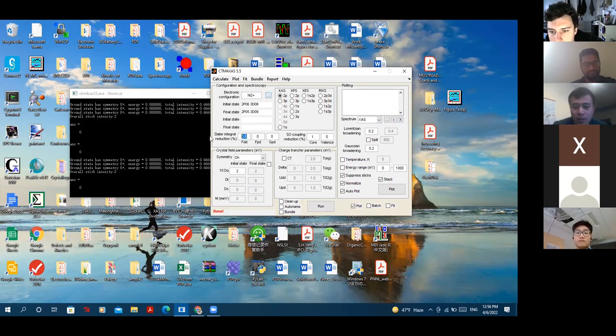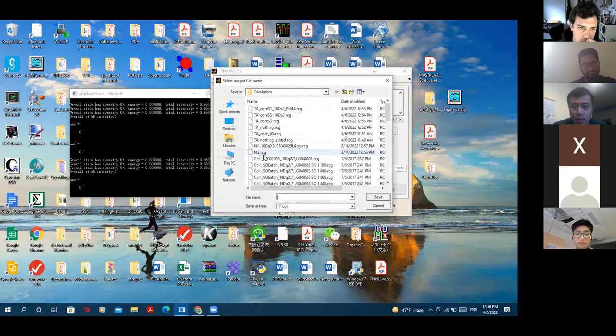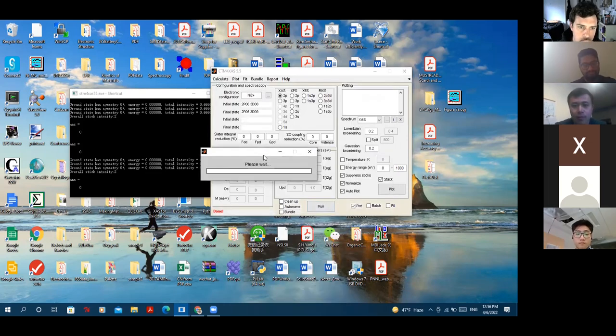Let's see what this gives us. We also put everything back to 0 and see what it produces. Okay, so everything is 0, right? So now let's calculate nickel 2+ with nothing added.